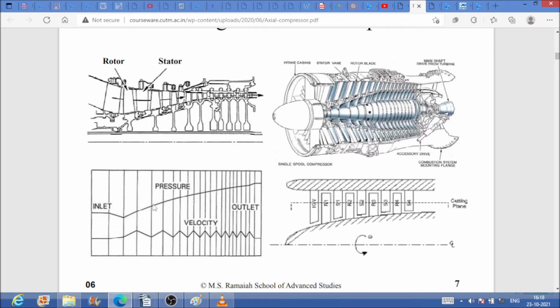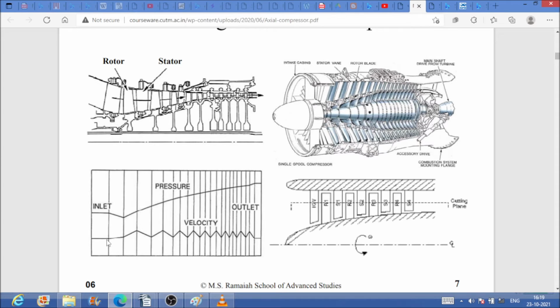Looking at this figure, here if you see the pressure distribution, this is the inlet guide vane and pressure decreases because of skin friction, and after that this is the first rotor and this is the first stator. Here also the static pressure increases, and in the rotor also obviously the pressure increases.